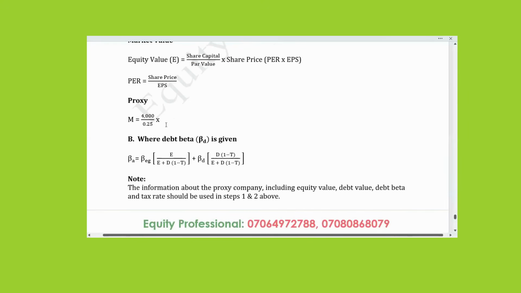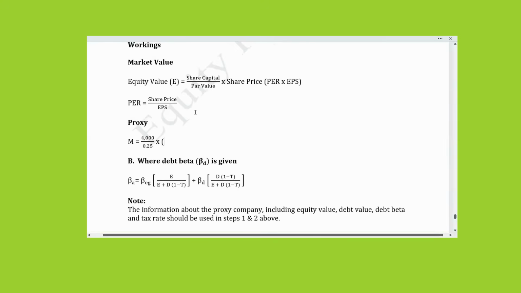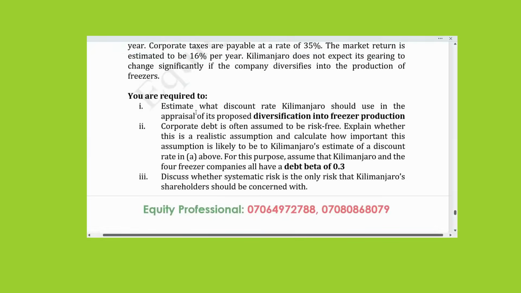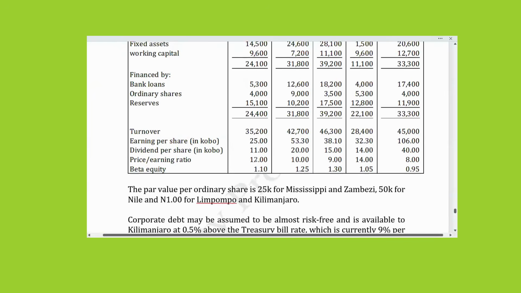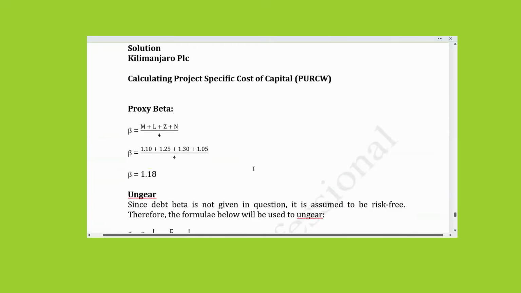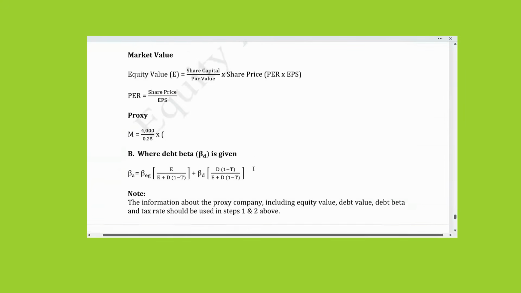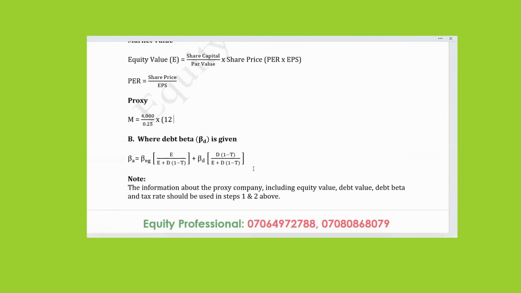Okay, so let's then continue. I will then come here. According to the question, what's the price earning ratio of Mississippi? Price earning ratio of Mississippi is 12 times. Earnings per share of Mississippi is 25 kobo. Therefore, 12 multiplied by 0.25.